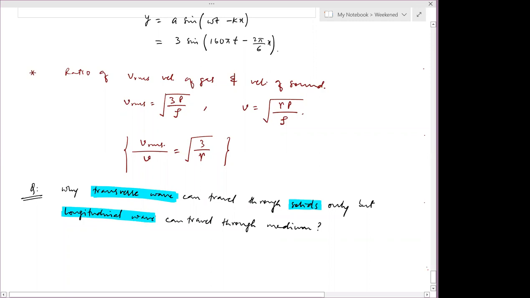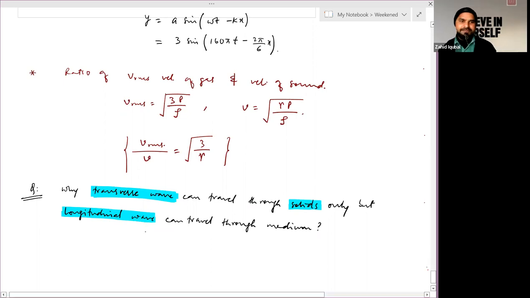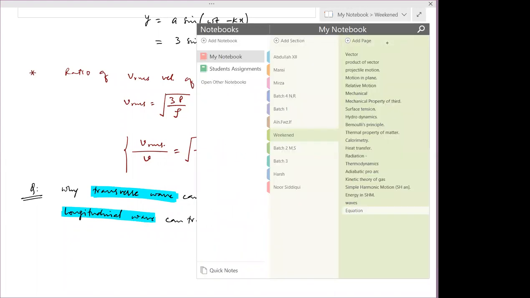So that's the reason it travels only in solid. Okay, and what about longitudinal wave? I think longitudinal wave has lower area and has higher amount of density, and that's the reason it can travel in all the three mediums.